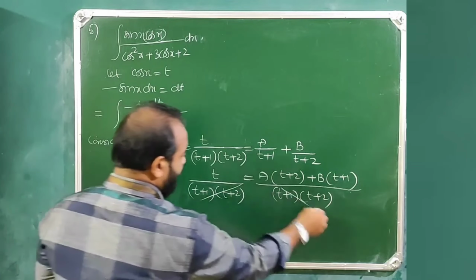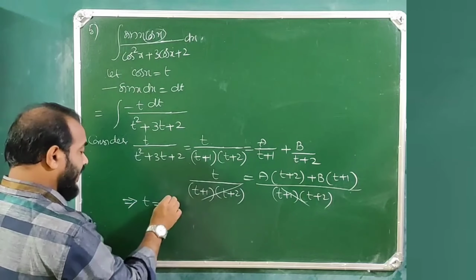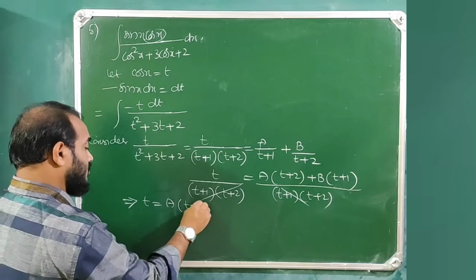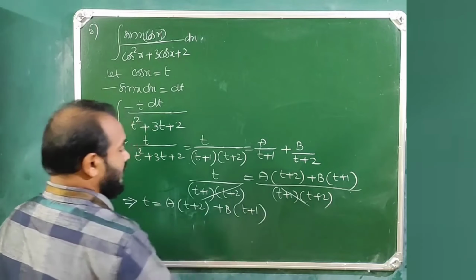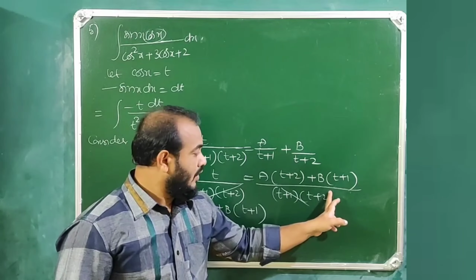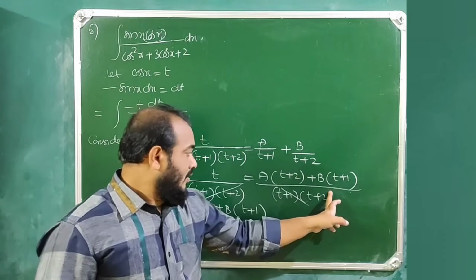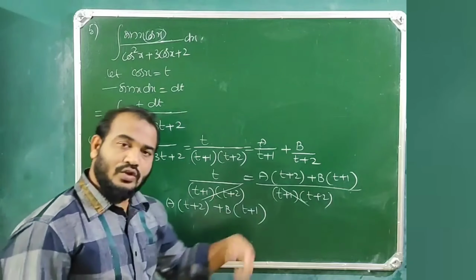So these two get cancelled. So this implies t is equal to a into t plus 2 plus b into t plus 1. So the values of a, b are to be obtained by substituting t equals minus 2 and t equals minus 1. Why? You know the reason.